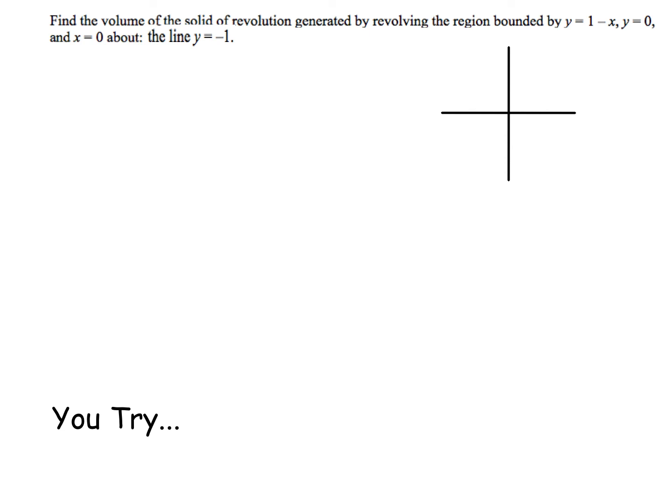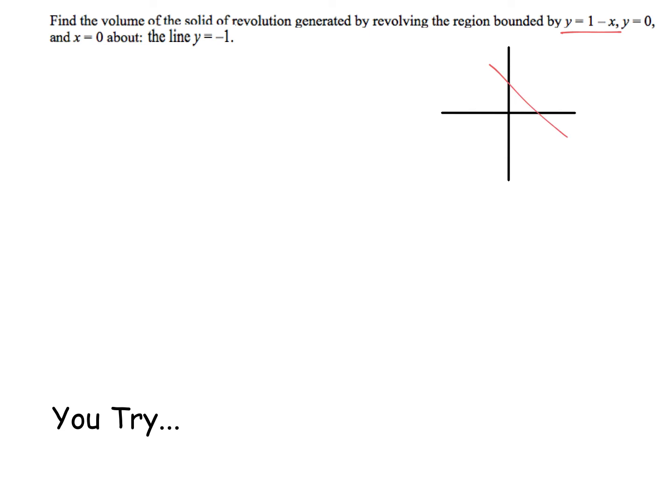Julian's going to read for us. Find the volume of the solid of revolution by revolving the region bounded by y equals 1 minus x, y equals 0, and x equals 0. Let's draw our picture. What is the line y equals 1 minus x? A line going down.